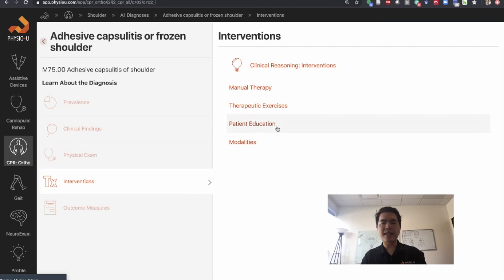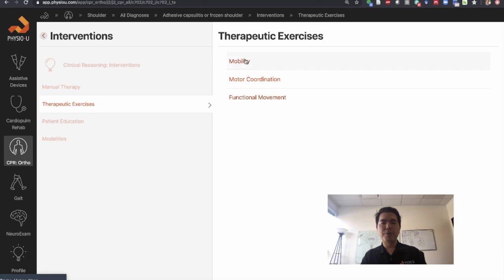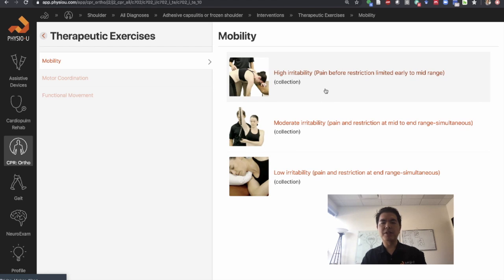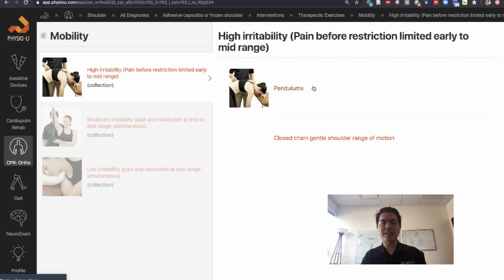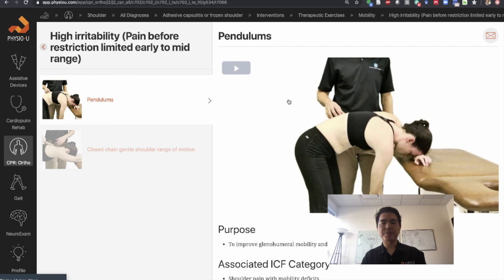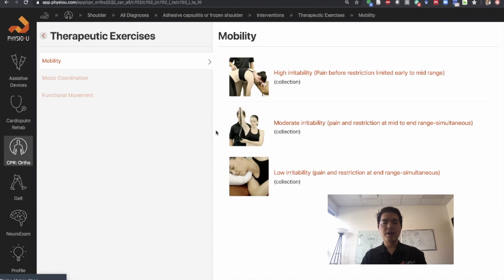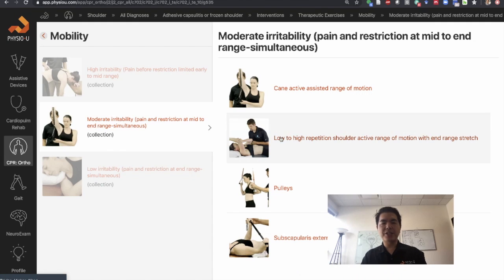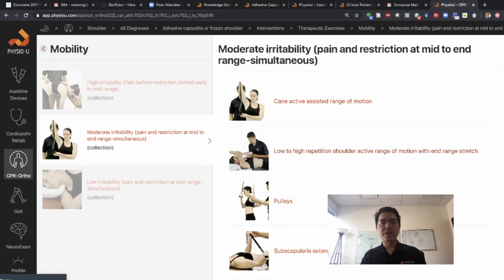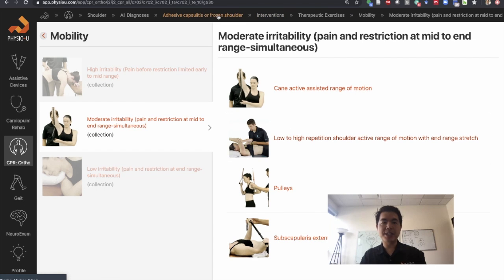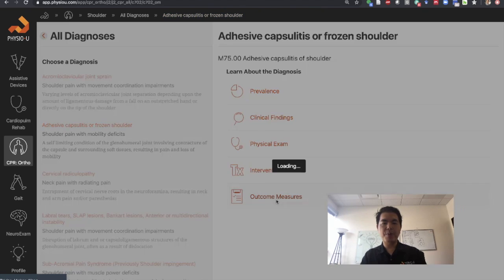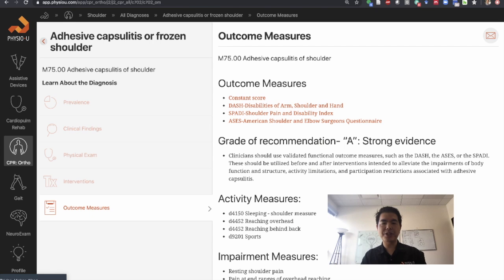And you can see that the therapeutic exercises for mobility are very similar. High irritability exercises like pendulums. Or moderate irritability, I can start using my cane and pulleys. And then lastly, I would just say that you can always see that we have tried to link the outcome measures.